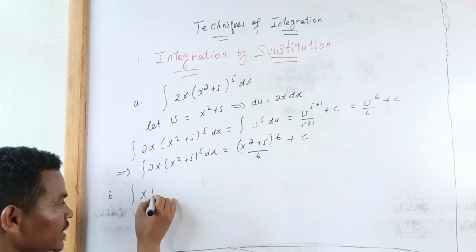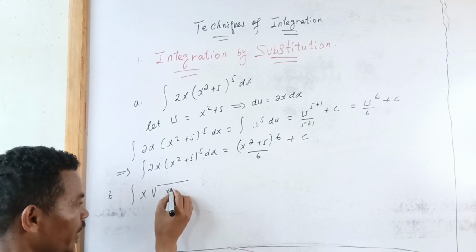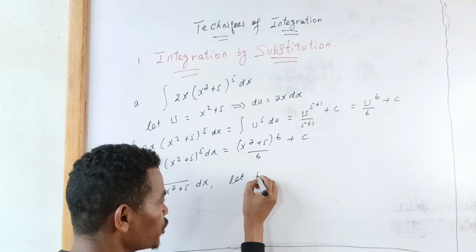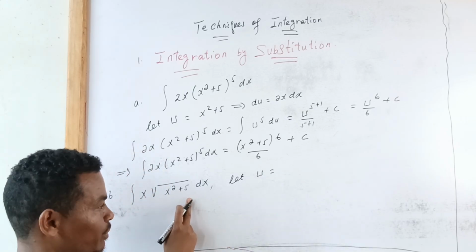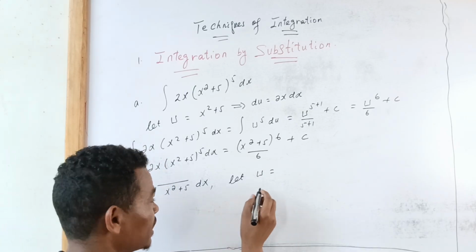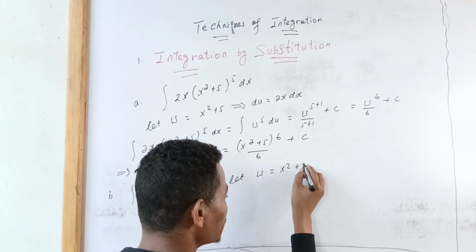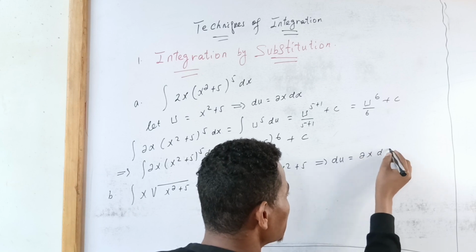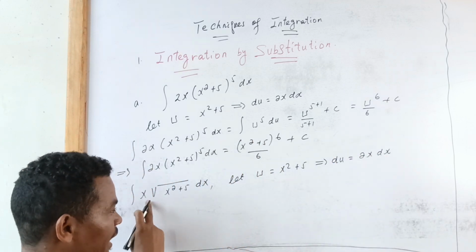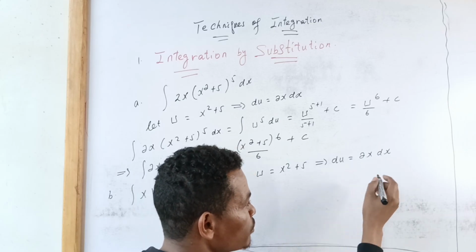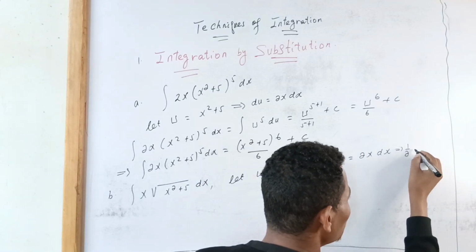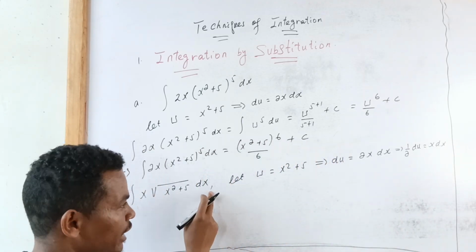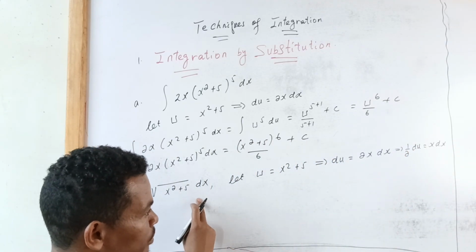b) integration of x radical x squared plus 5 dx. Again in this case, let u equal x squared plus 5, because the derivative of x squared is related to x. This implies du equals 2x dx. In this case we have x dx, while here it is 2x dx. So what do we do? Dividing both sides by 2, 1 over 2 du equals x dx. So in place of x dx we put du over 2, and in place of x squared plus 5 we substitute u.